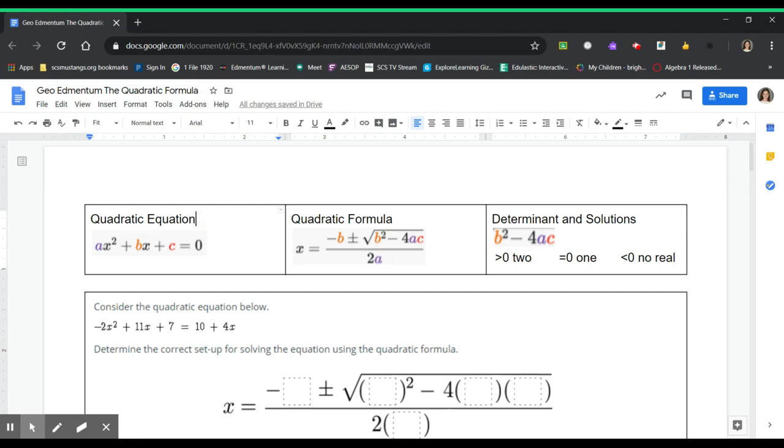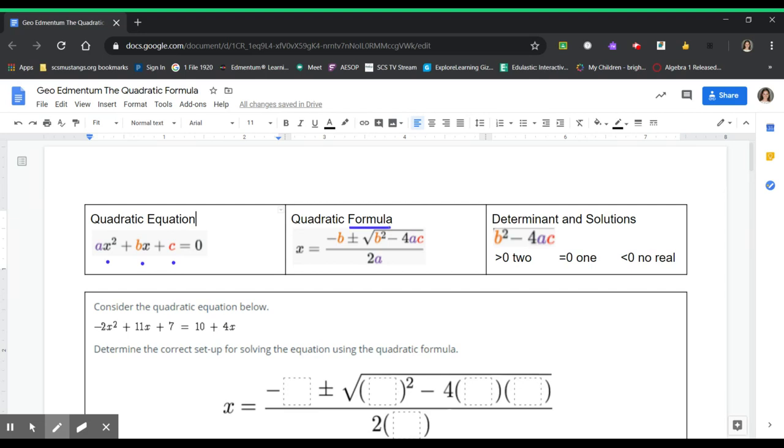So looking at this, just a friendly reminder, when we're looking at the quadratic equation, we're looking at ax squared plus bx is equal to c. We can take those numbers and only the numbers, because the whole point of the quadratic formula is to remove the whole variable thing that we have to talk about.